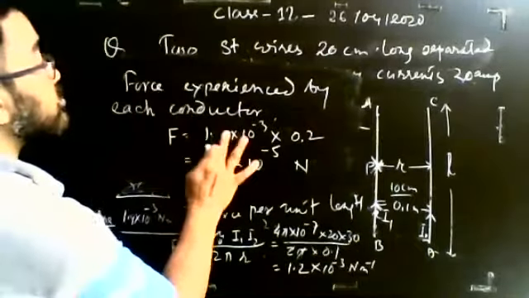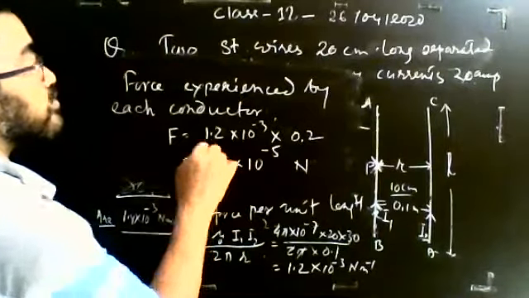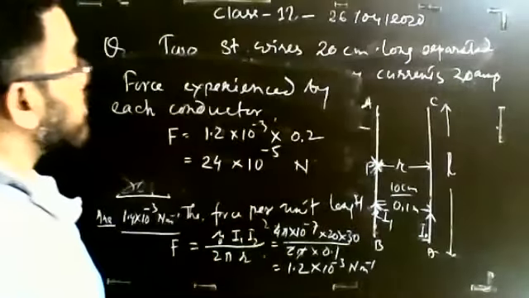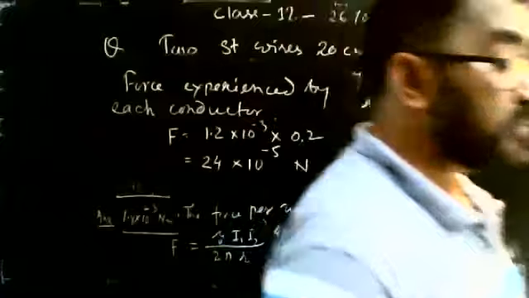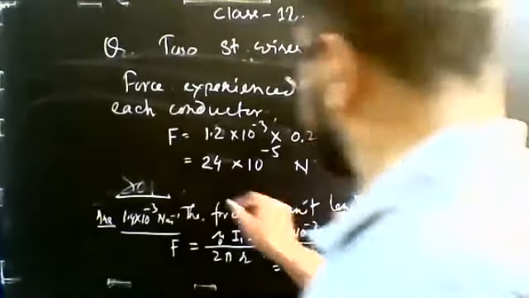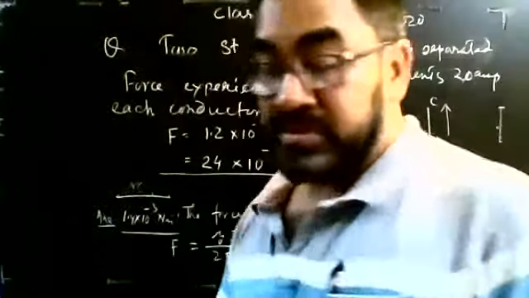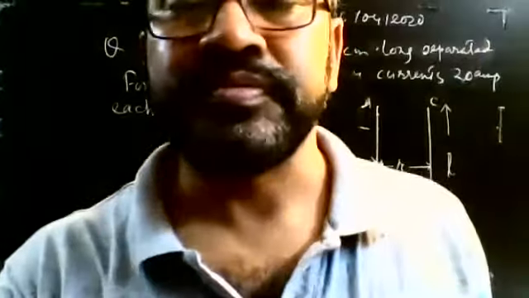If it is 1.2, then it will be 24 into 10 to the power minus 5 Newton. That is the answer, the net force experienced by each conductor.